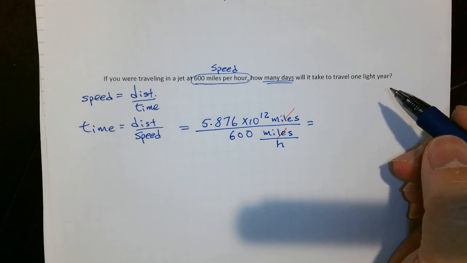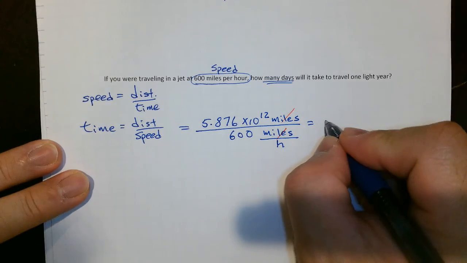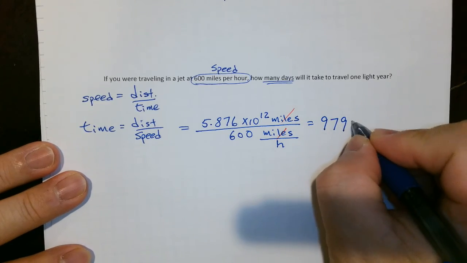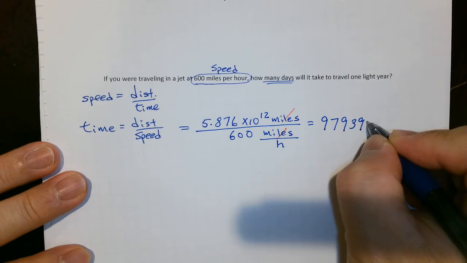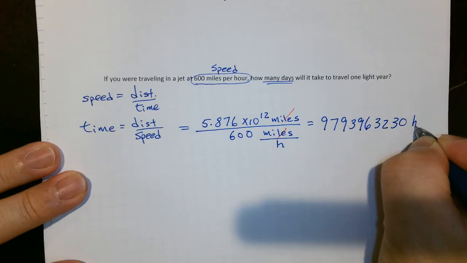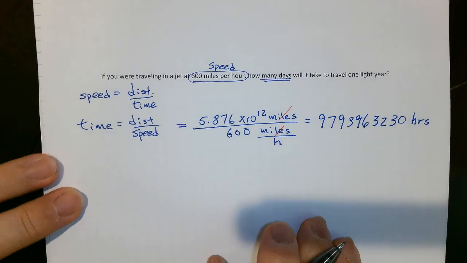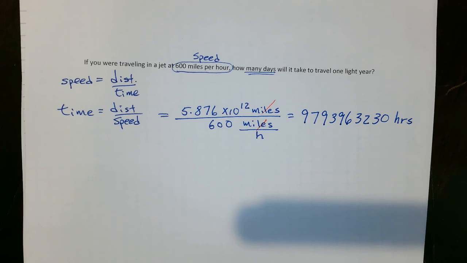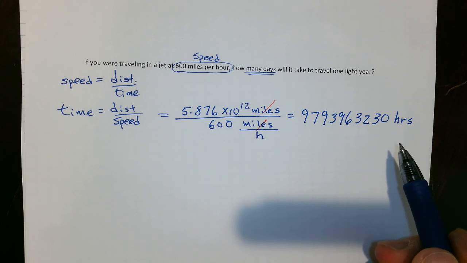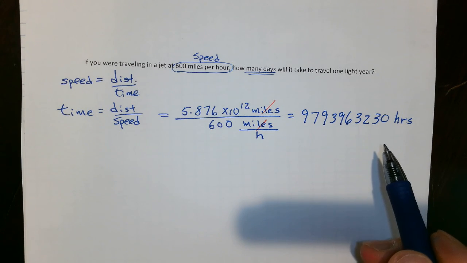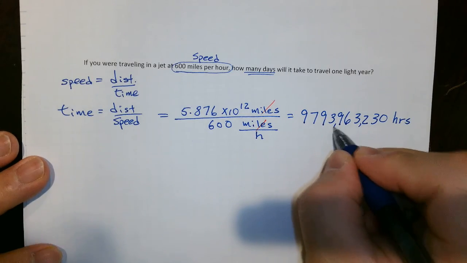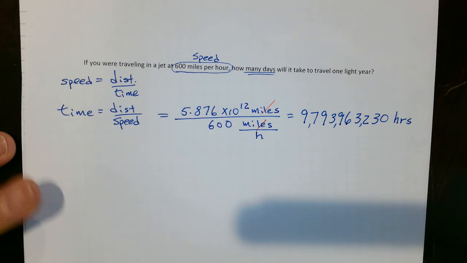So this will give me, ready for this? 9,793,963,230 hours. Holy shnikes. That's a lot of number. I know it's just big, but I have no clue how long that is, really. Because that's a ridiculous amount of hours that I'm going to be on that airplane, right?